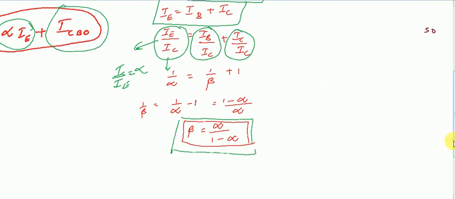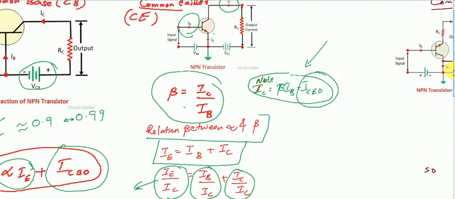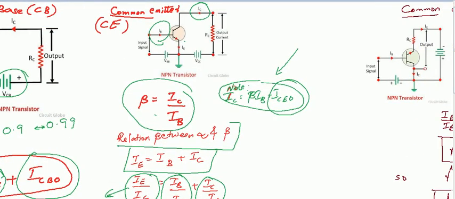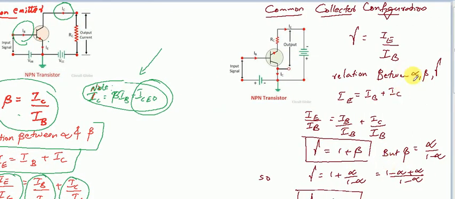Okay students, from this we are now moving to the third type of transistor configuration, that is known as common collector configuration. In this type of configuration, collector of the transistor will be connected common to the input section and output section of the circuit.